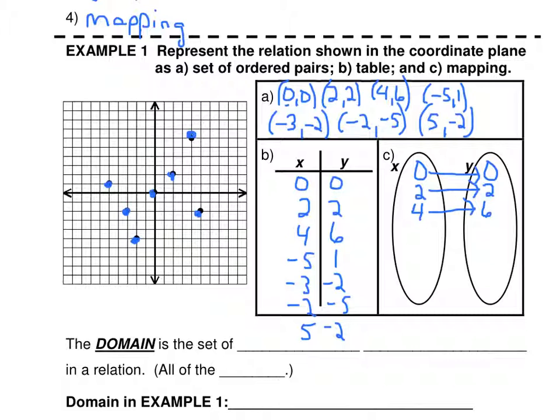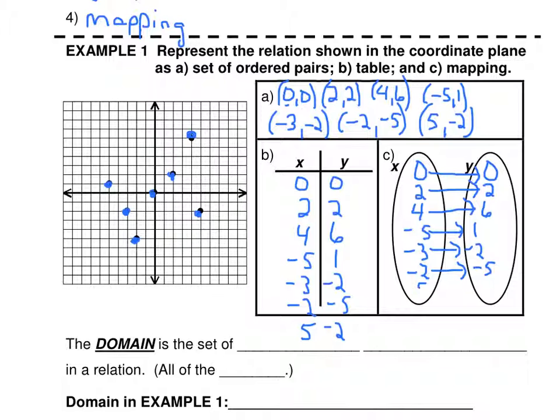Then you have a negative 5 and 1. Then you have a negative 3 and negative 2. Then you have a negative 2 and negative 5. And then you'll see your last point is 5, negative 2.